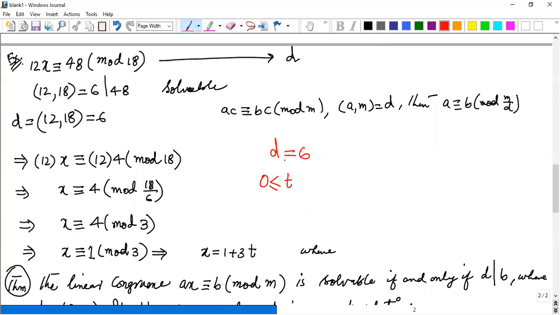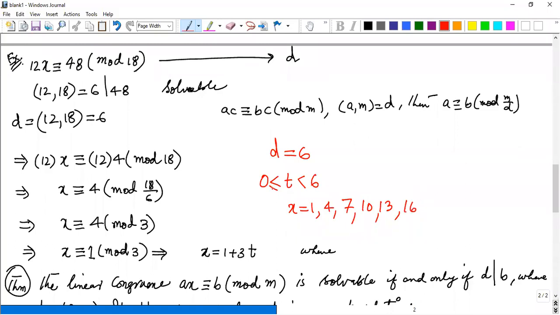So it's better to write 0 to 6, where 6 is not included here. When we put t equal to 0, x is equal to 1. When t is equal to 1, we get 4, then 7, then 10, then 13, then 16.